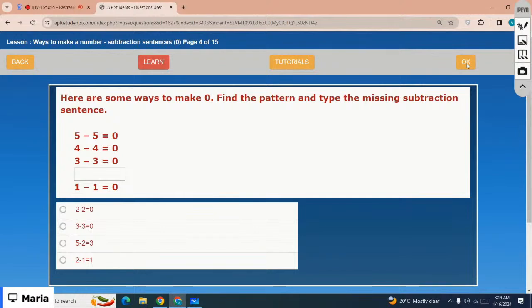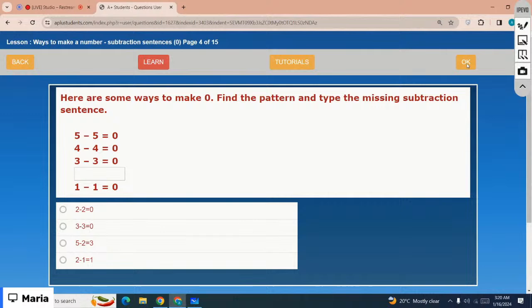Here are some ways to make 0. Find the pattern and type the missing subtraction sentence. So which subtraction sentence is missing? Yes, Samuel.